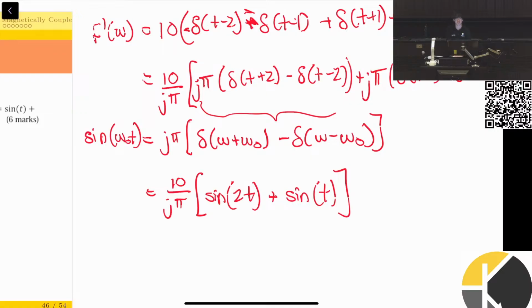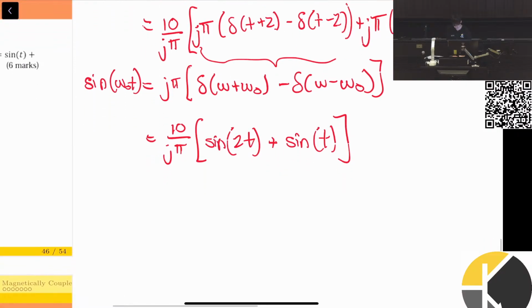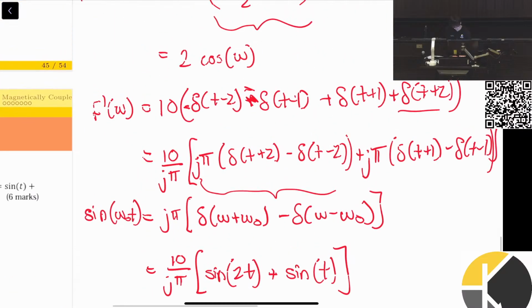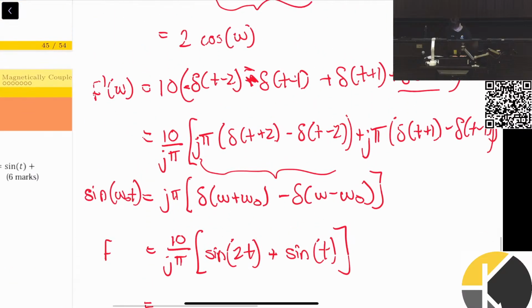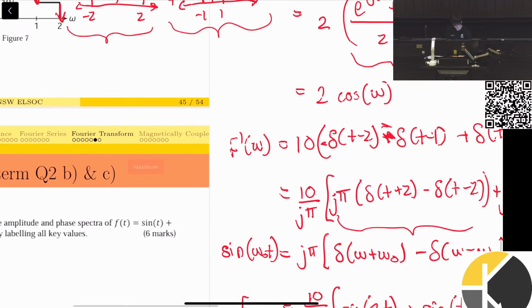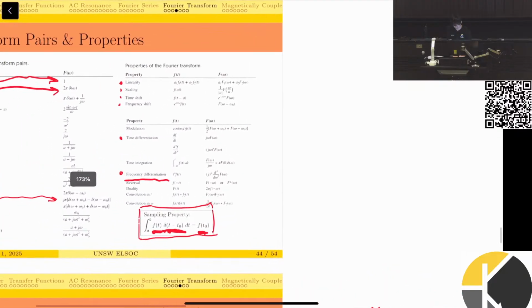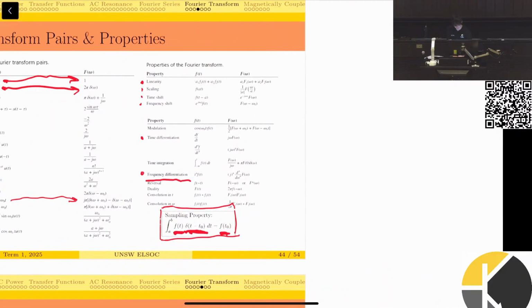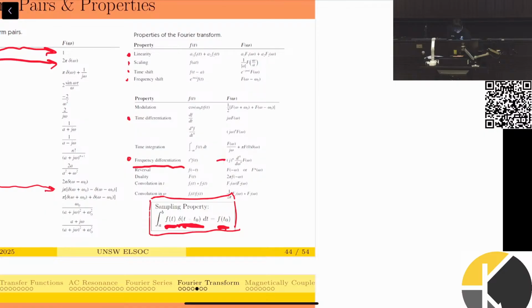Is everyone happy with that? Cool? Okay. So this is the Fourier transform of the derivative of F of omega. So if I was to find the Fourier transform of F of omega, I would need to use this property.